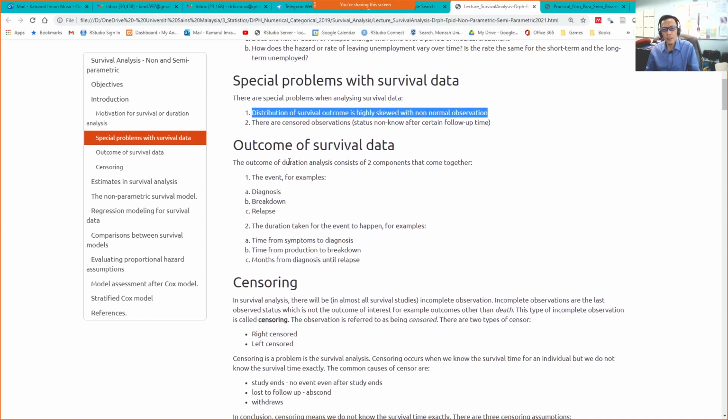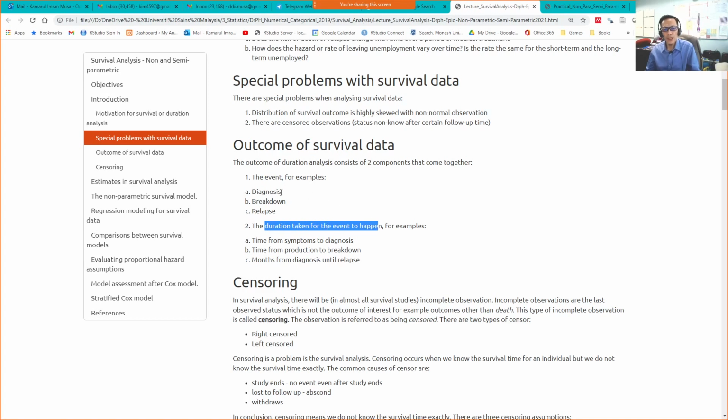If you look at the outcome of survival data, you can see that there are 2 components that come together. The first is the event. The second is the duration taken for the event to happen.